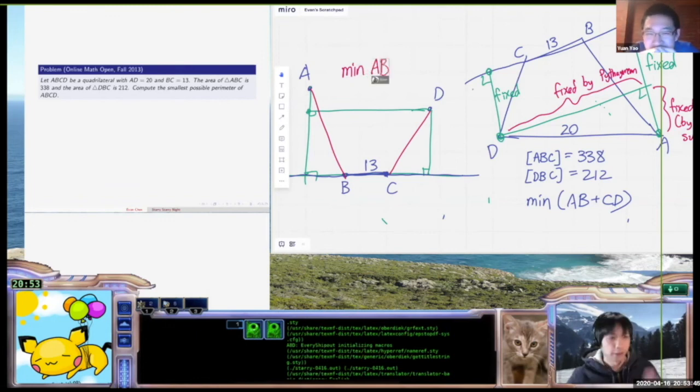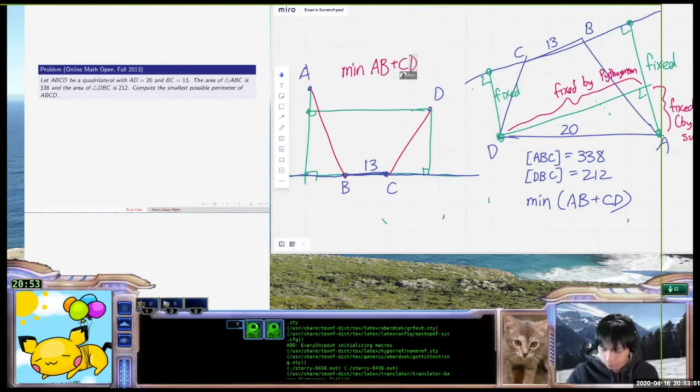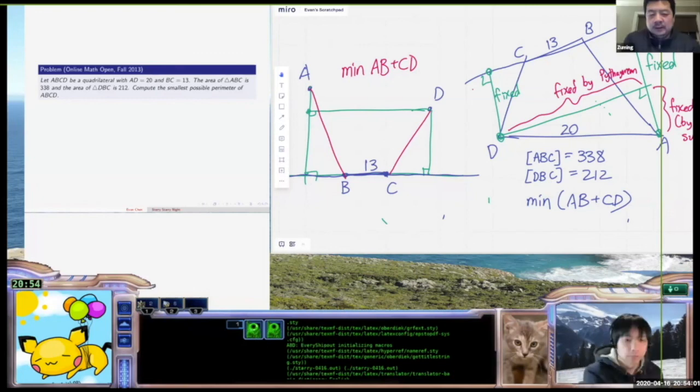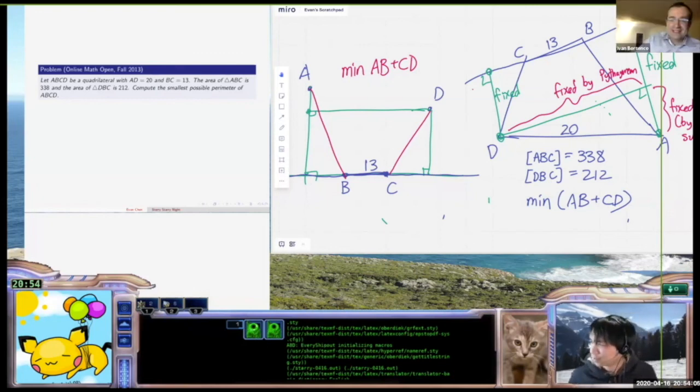So when I rotate the diagram and anchor certain things in place, it's suddenly much easier to think about. The whole green thing is not moving, and I have this little line BC that's moving, and I can slide it left or slide it right, and I want to minimize the sum of those two red lengths. Yeah, and it looks very familiar from Phillips Exeter material. Oh, was this a Phillips Exeter problem?